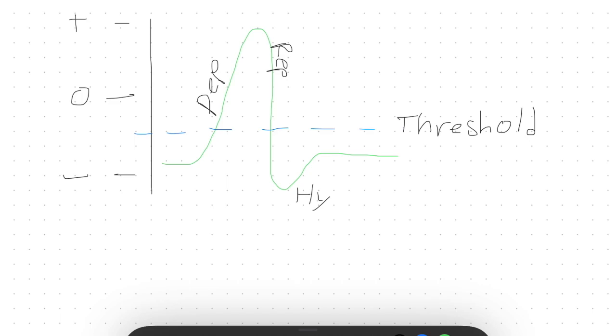Depolarization: the membrane potential rapidly becomes less negative and more positive, and this is during the rising phase of the action potential. Repolarization: the membrane potential returns to its resting state after it depolarized.